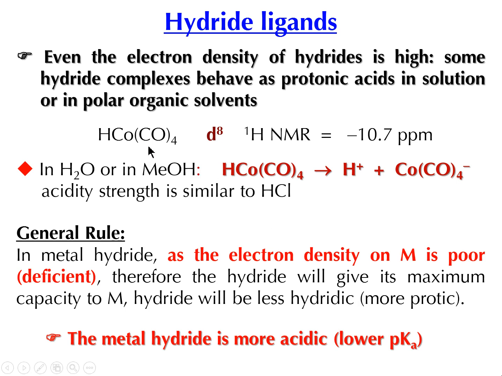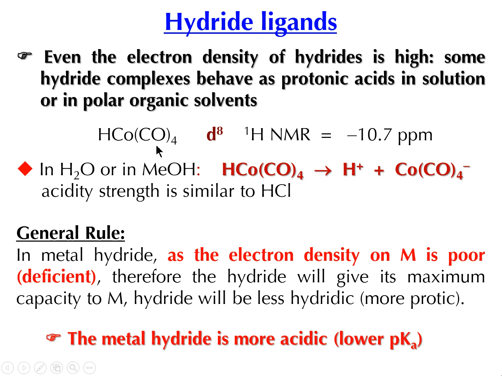The experiment proved that we have some exceptions. Even though the electron density of hydrides is high, some hydride complexes behave as protonic acids in solution or in polar organic solvent.